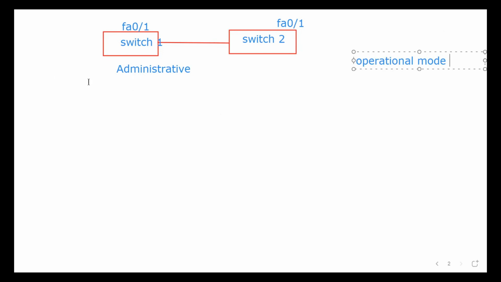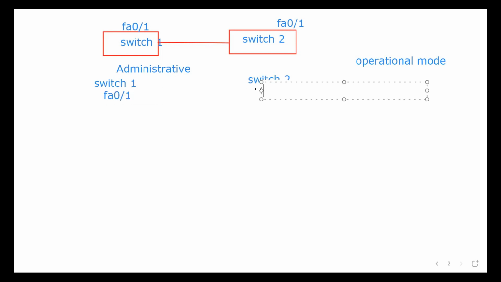Okay. So switch 1, switch 2, FA0/1, FA0/1. If our interface is in access mode and the other is also in access mode, the operational mode will be access.